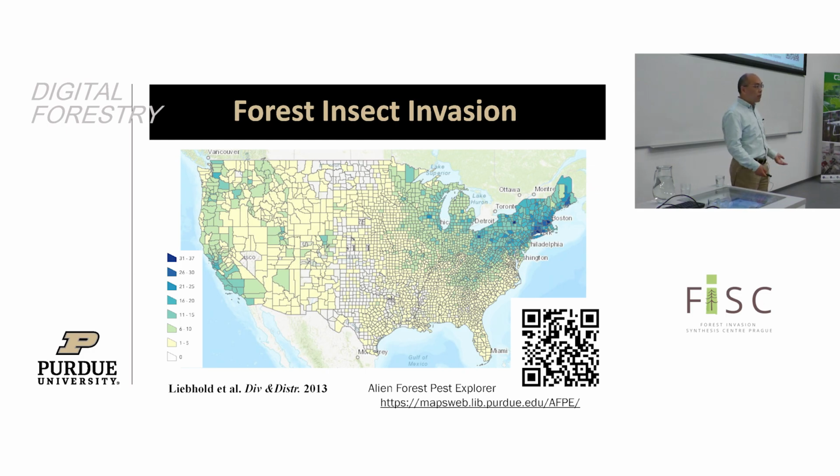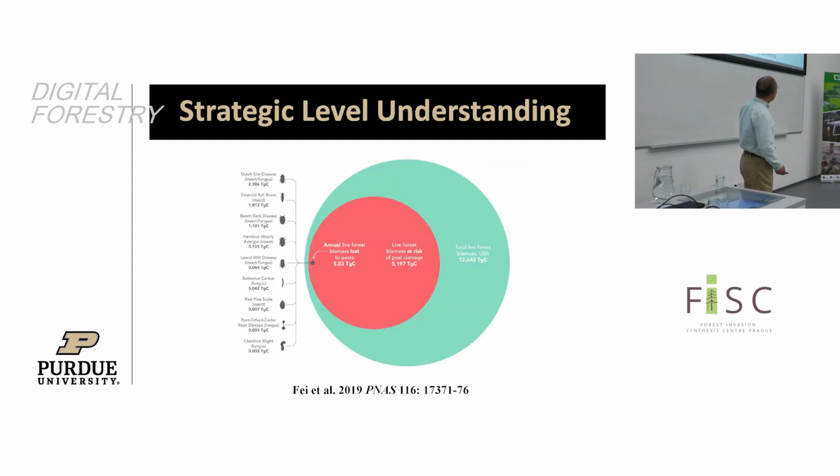But what we have done with this data, and I'm going to introduce two terms here. Maybe you guys have been using these all along, but I want to describe two terms. One is what I call strategic understanding. The second term, which we'll discuss a little bit later, I call the tactical level of actions.